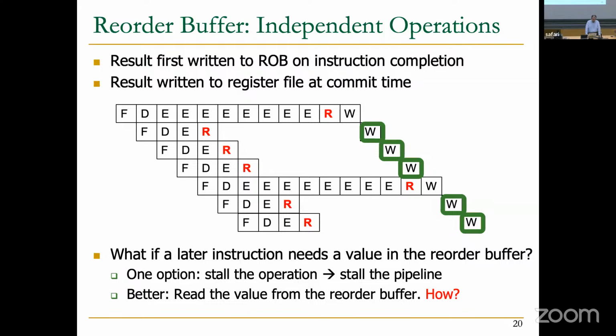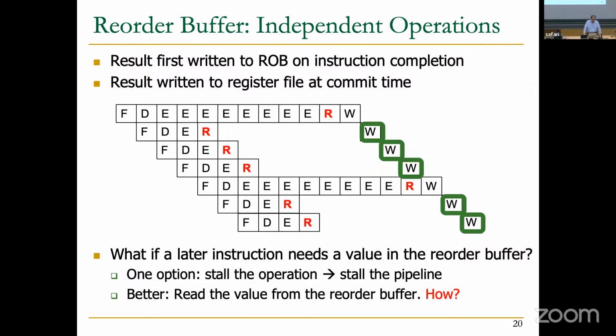With the reorder buffer, we can also try to forward things from it. I think you learned about forwarding paths in the pipeline, where we can forward data from the execution step to, for example, the decode step.